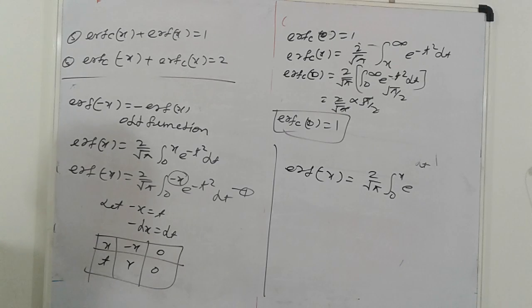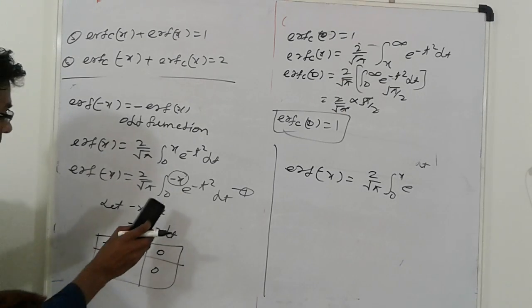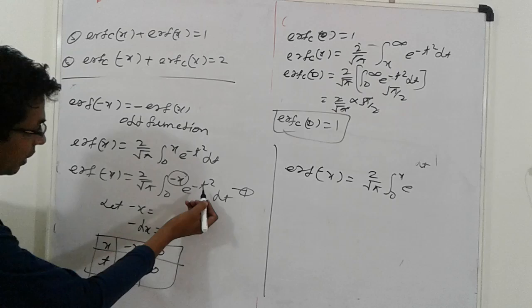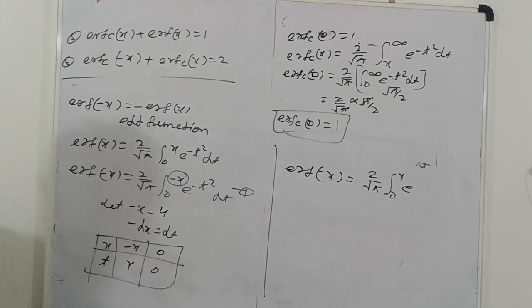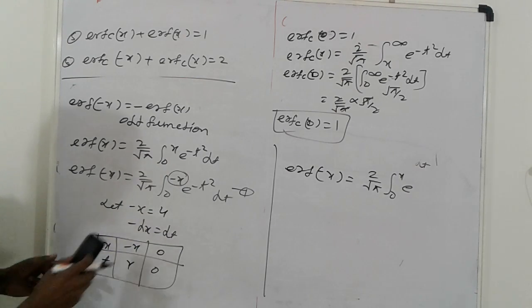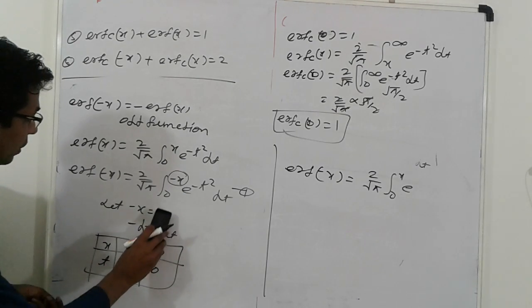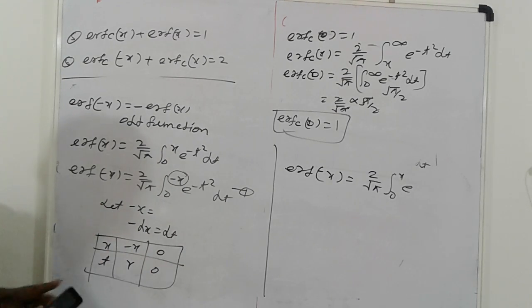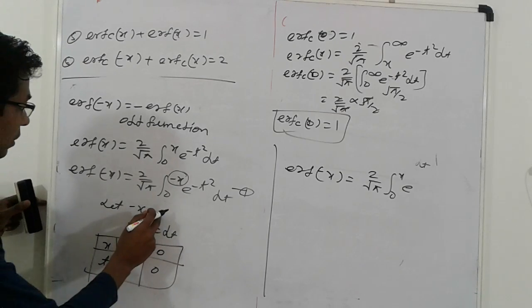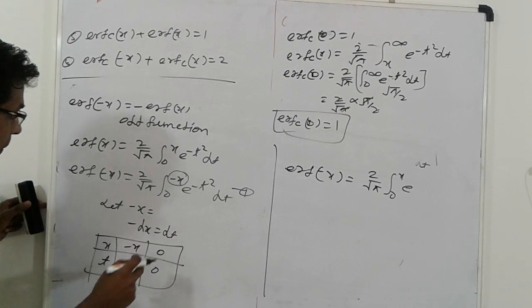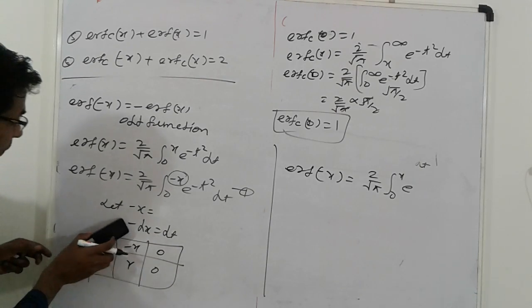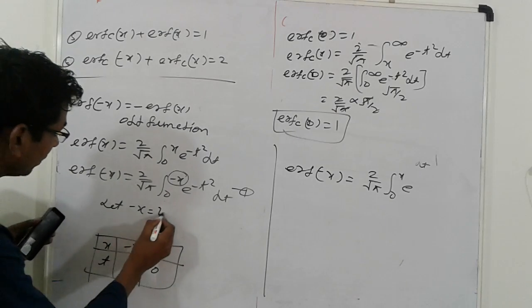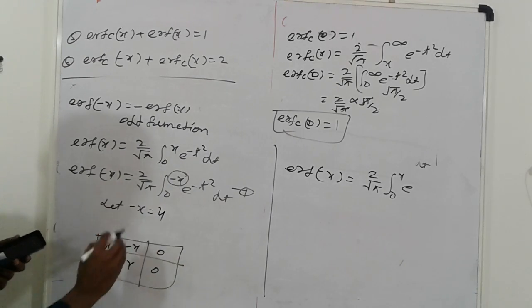So here one problem is that t is already present, so let us consider u, otherwise u. Now what do you consider? Minus of x. Suppose minus x is equal to u.